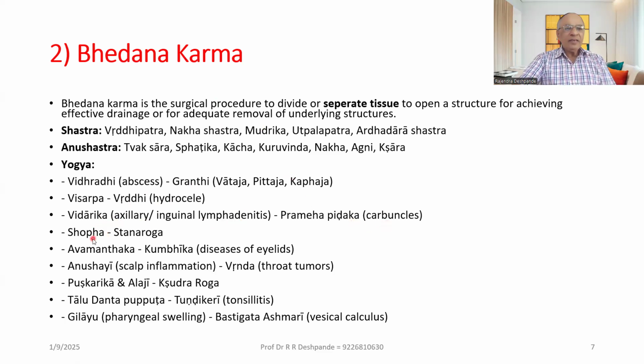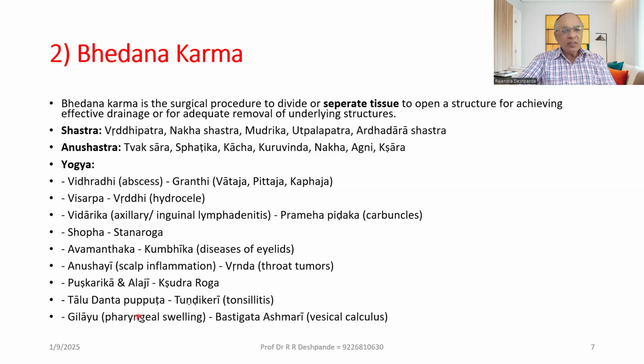Okay. Then in Shopha, especially Stanaroga, we have to do the Bhedana Karma. Then Avamanthaka or Kumbhika, that is diseases of the eyelids. Then Anushayi, that is scalp inflammation. That is Vrinda, that is throat tumors. Then Pushkarika and allergy, that is the Kshudra Rogas.